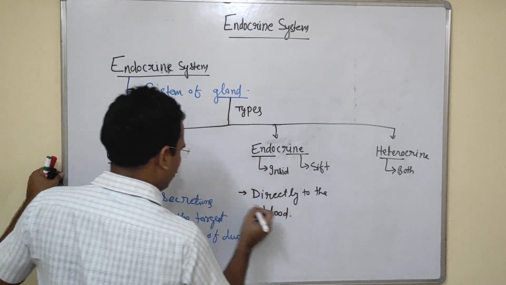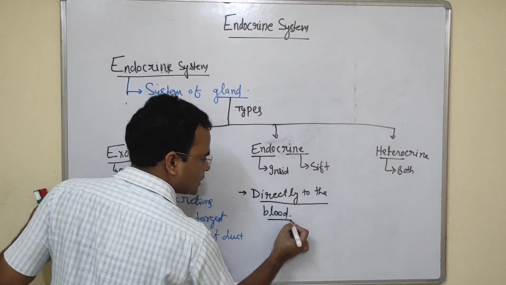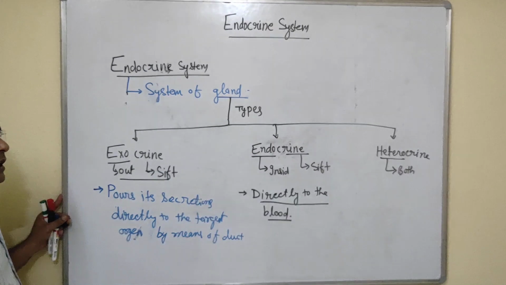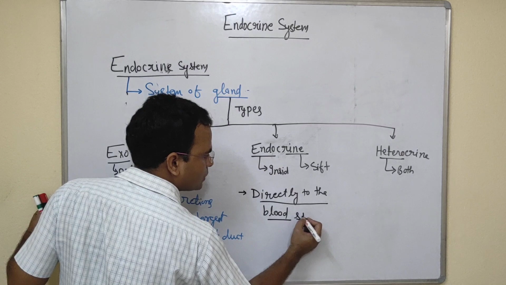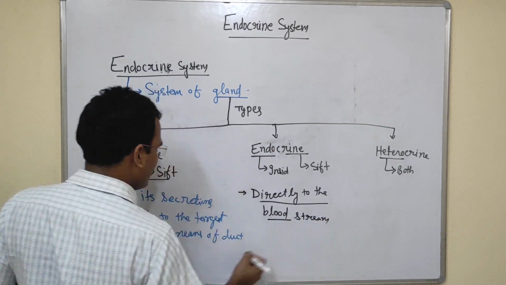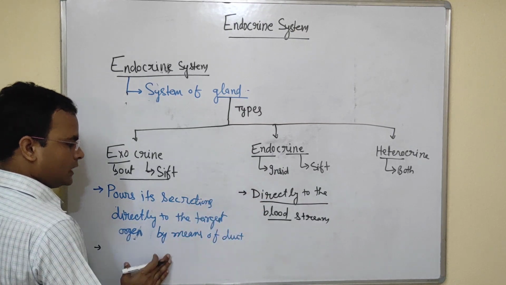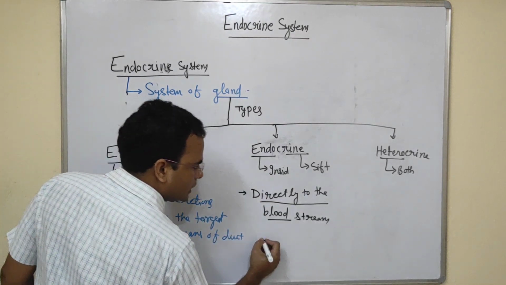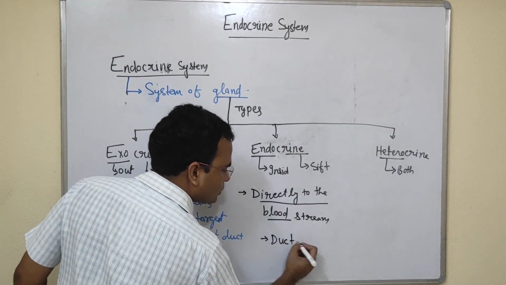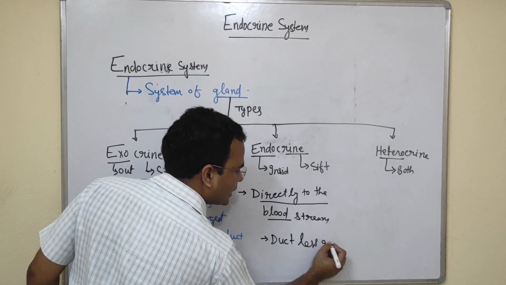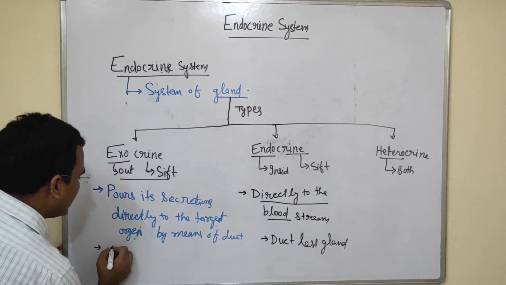I'm not writing the full sentence here because it would be the same repetition, but here you have to concentrate on this one: directly pours its secretion to the bloodstream. The second difference is that exocrine glands are with duct, while endocrine glands are ductless glands.